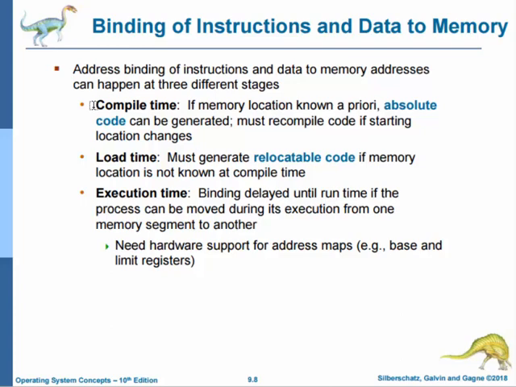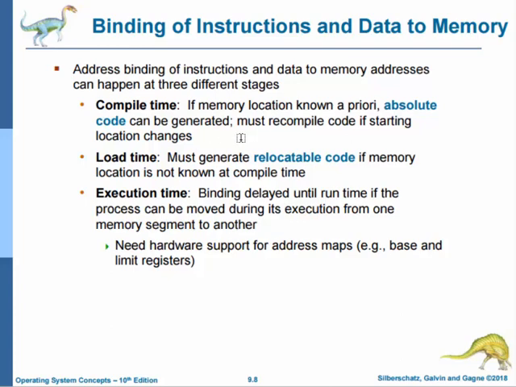wherein if the memory location is known a priori, absolute code can be generated, and you must recompile the code if the starting location changes. That means if you know at compile time where the process will reside in memory, then the absolute code can be generated.